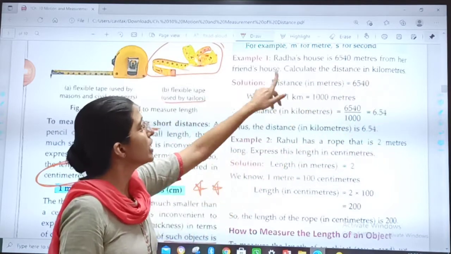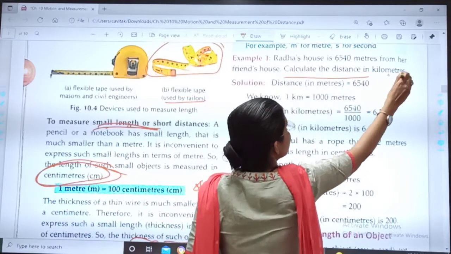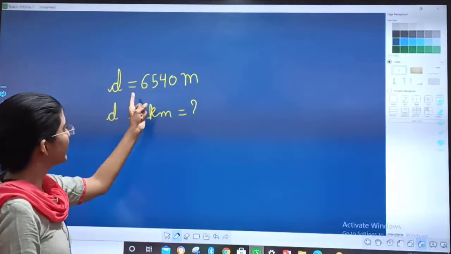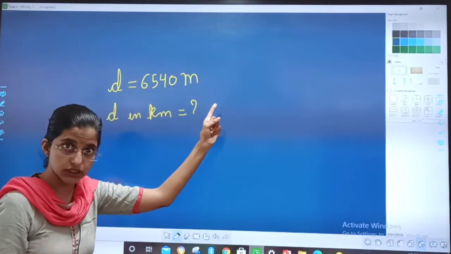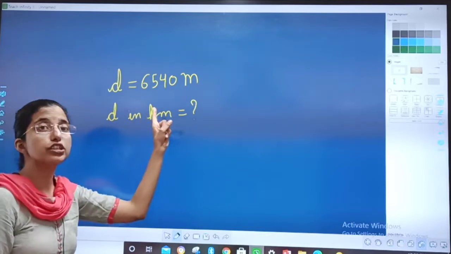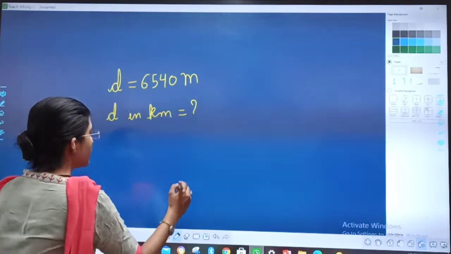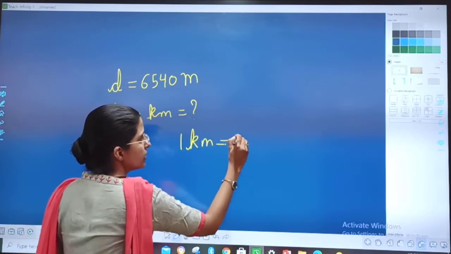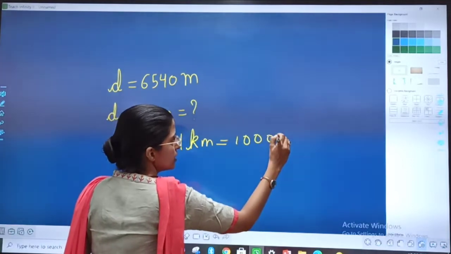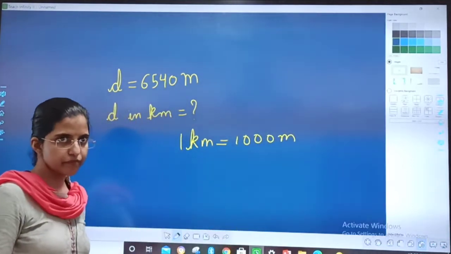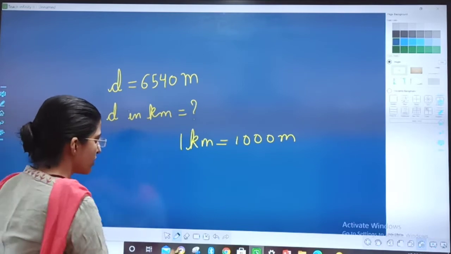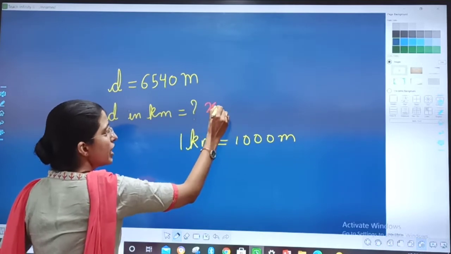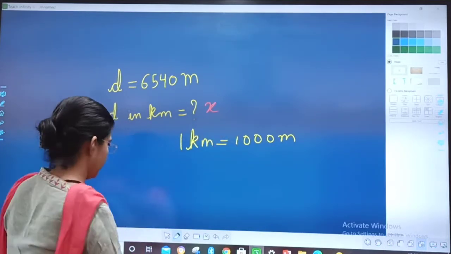Okay? Now, calculate the distance in kilometers. So, what we are having? Distance is 6540 meters and we have to convert this into kilometers. So, as we know that 1 kilometer is equal to 1000 meters, right? It is equal to 1000 meters, okay? This we know. Now, suppose children, if the distance in kilometer is x, we are assuming that it is x.